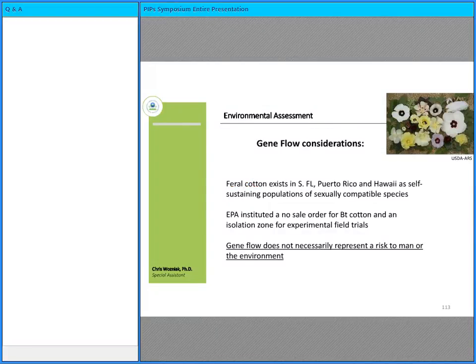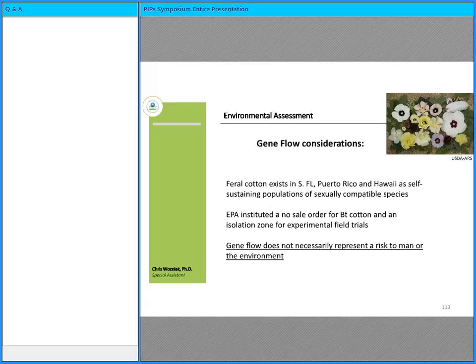So as I mentioned with the feral cotton in South Florida, Puerto Rico, and Hawaii, we had decided that we would basically put in a mitigation measure to preclude hybridization and integration of transgenes until we had further information. At that time, in the early 2000s, we were also fortunate enough to have a little money to fund a couple of pollination biologists and evolutionary biologists to go to Hawaii and actually look at the Hawaiian cotton, because the literature had some information on pollinators.